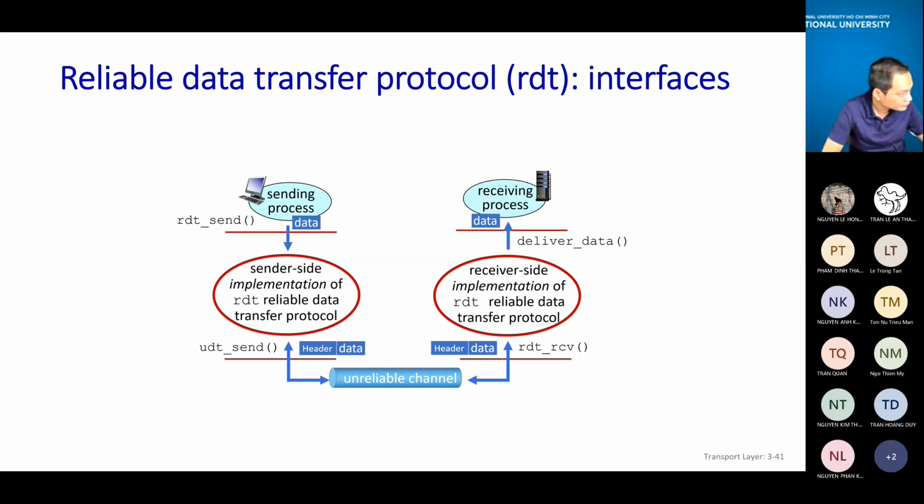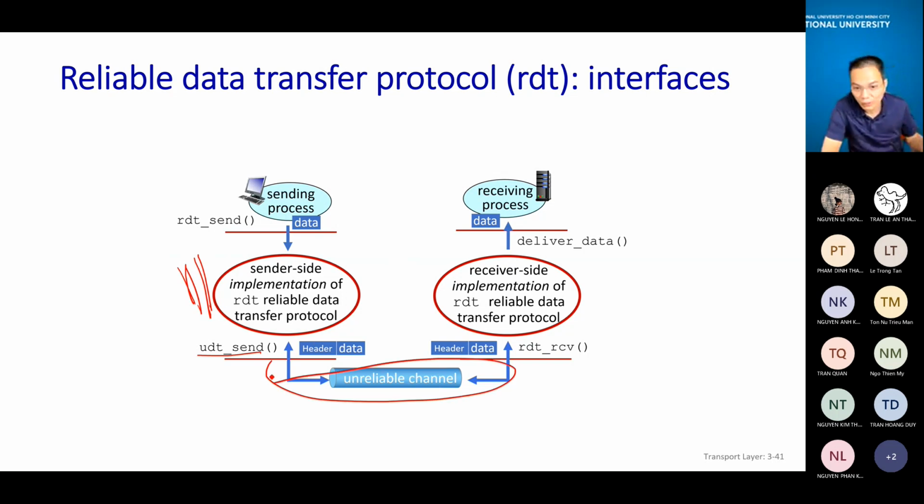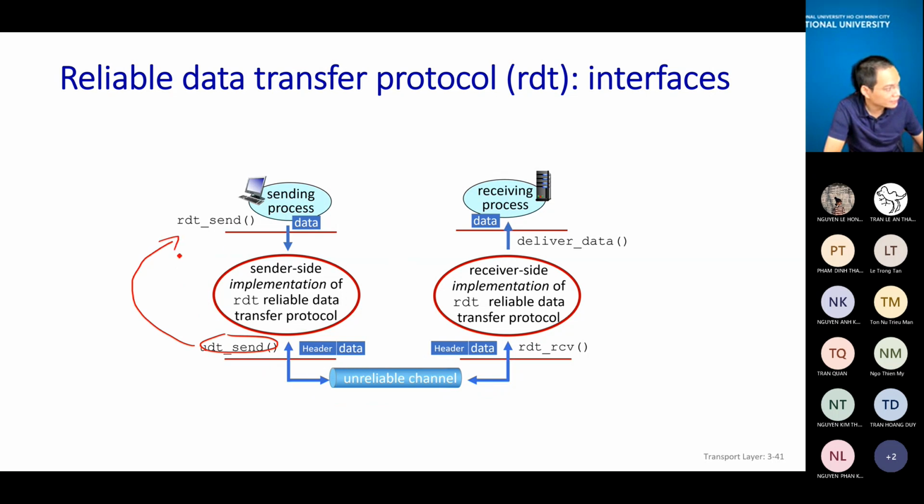And in the transport layer, we have to call UDT send. What does it mean? Unreliable data transfer. Because the service in the network only provides us an unreliable data transfer. So we have to transform from UDT send to RDT send, and this is the job of this implementation.